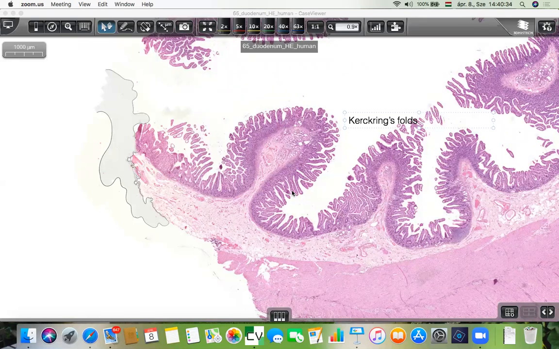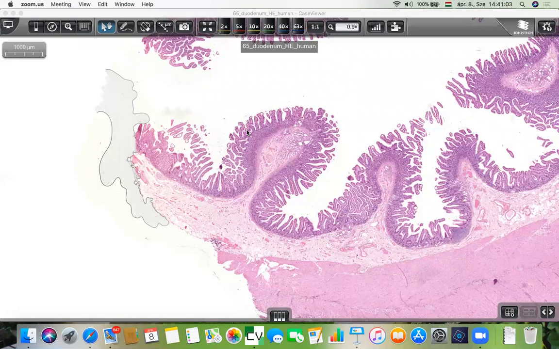Kerckring folds, the projections of the submucosa. Then intestinal villi, the finger-like processes, the projections of the lamina propria. And on the surface of the villi, we have cells having microvilli. So Kerckring folds, villi, microvilli. These are the surface increasing structures.